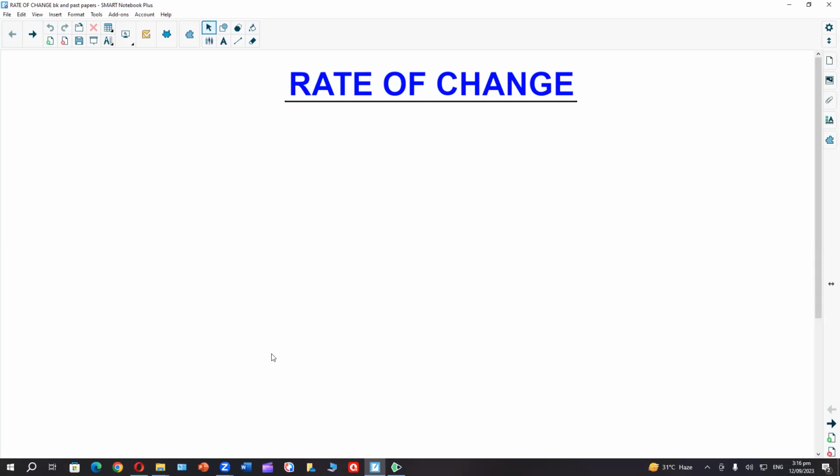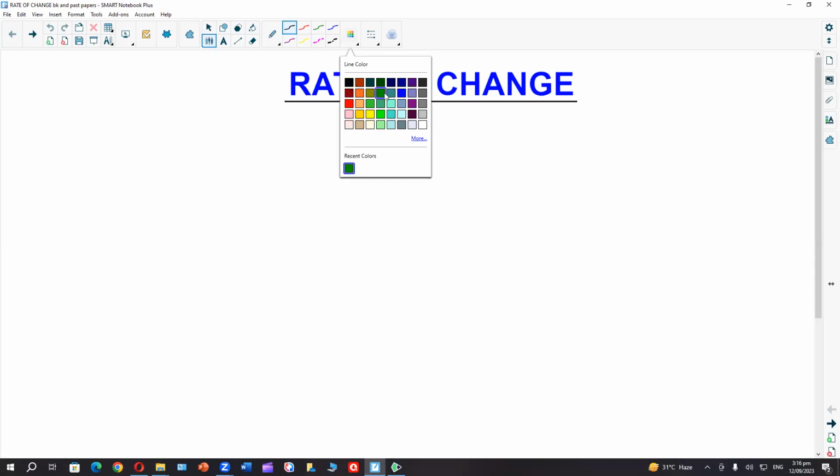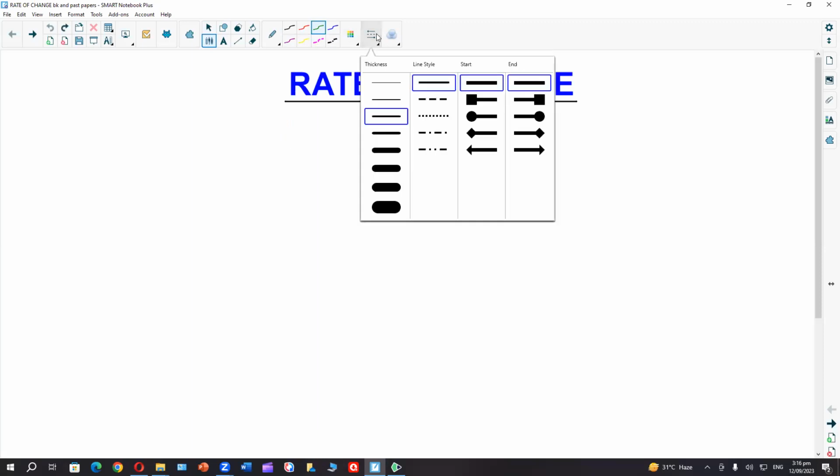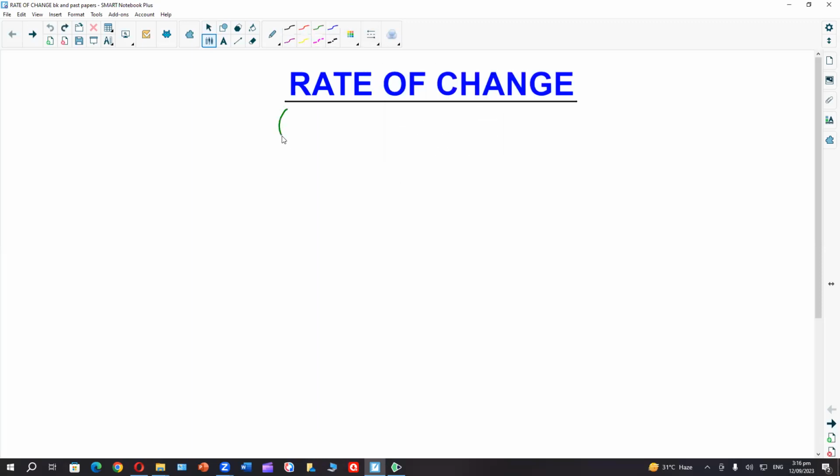Give the heading: rate of change. This is in differentiation. Differentiation is a very big chapter, which is why I was trying to make some compensation from that topic.